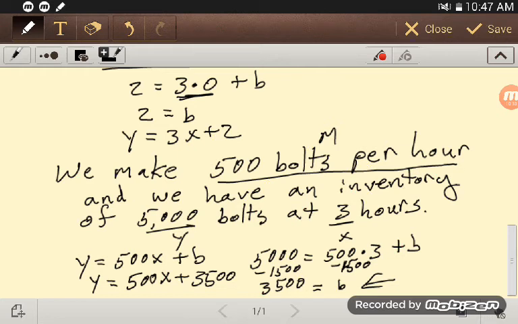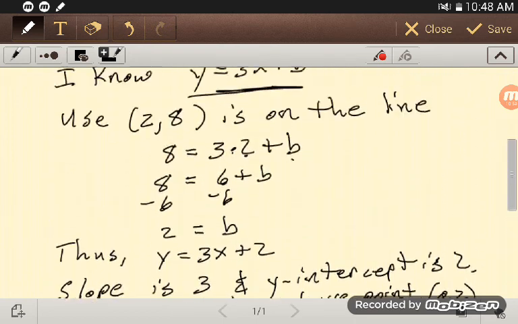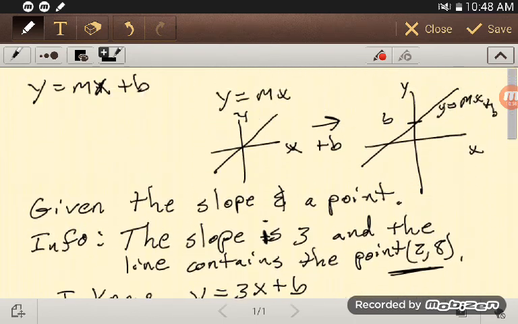And so now, in one video we looked at what if you're given a slope and the y-intercept, or the starting point, and in this video we're given the slope and some other point. But since it's a straight line, we know that we have that relationship between our x and y.